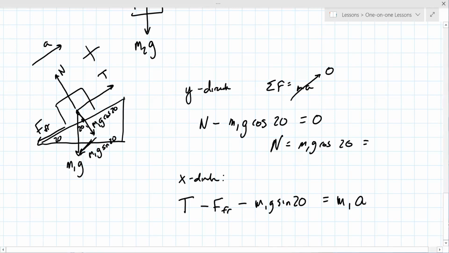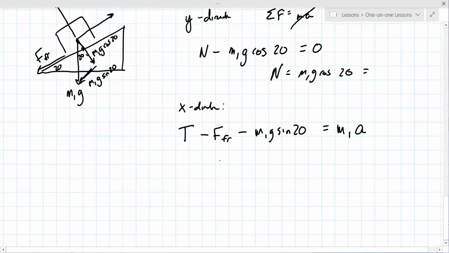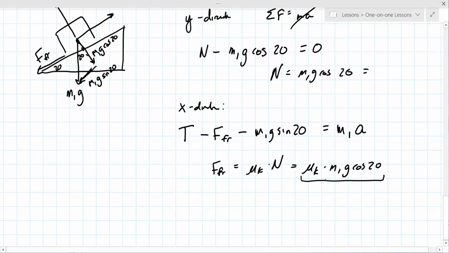So there's a lot of equations here. The force of friction is mu k times the normal force, and the normal force is m1g cosine 20. So all of that is a number, and I know you probably want to put the number in, but I usually don't until the end.